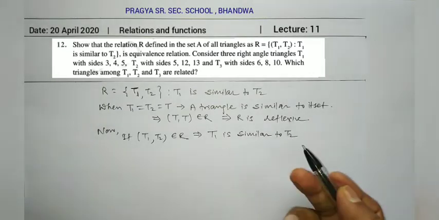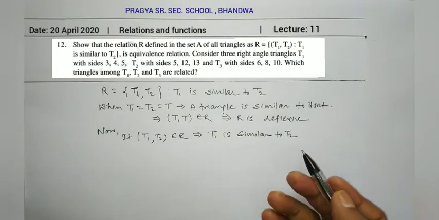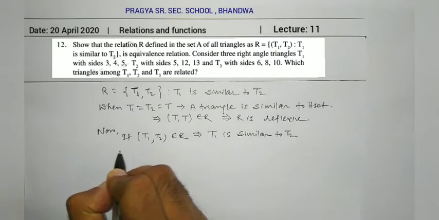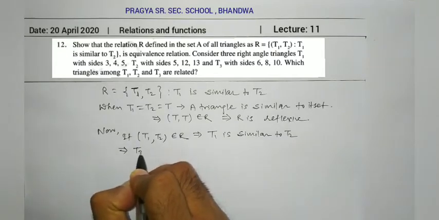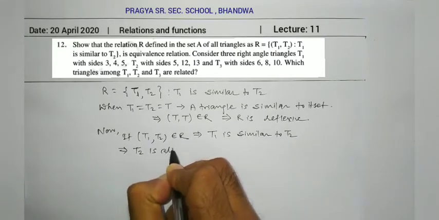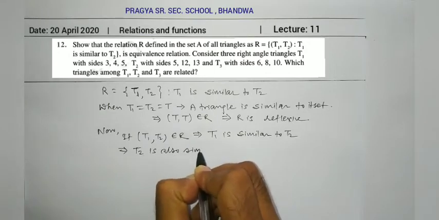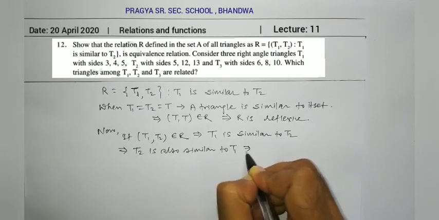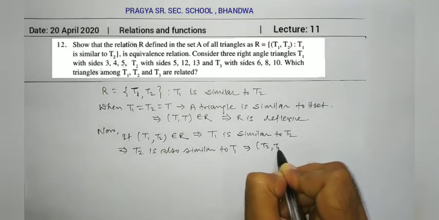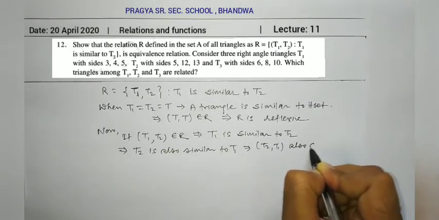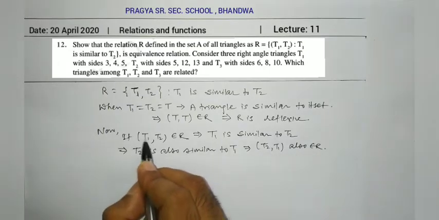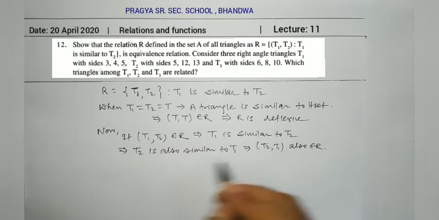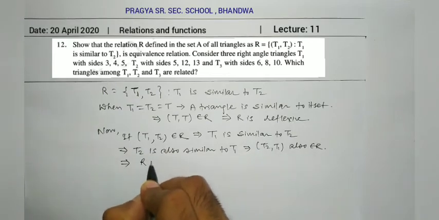So if T1 is similar to T2, no doubt we can say T2 is also similar to T1, which implies T2 comma T1 also belongs to relation. So if T1 comma T2 belongs to relation and T2 comma T1 belongs to relation, it implies R is symmetric.